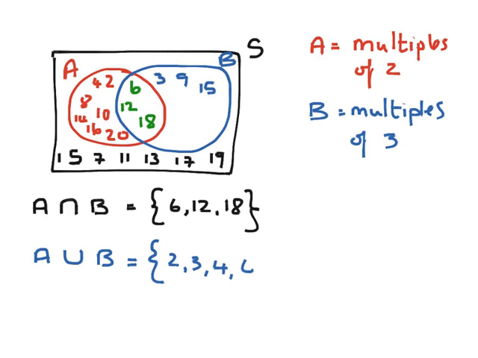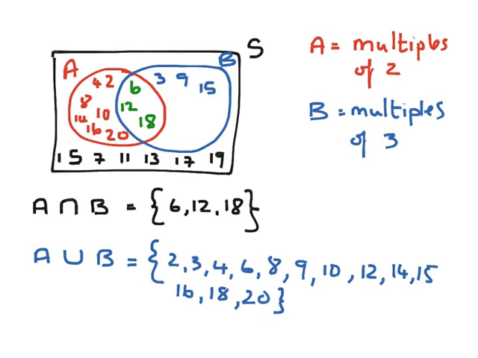No. 6, 8, 9, 10, 12, 14, 15, 16, 17, no. So 18, 20. So that's the union.